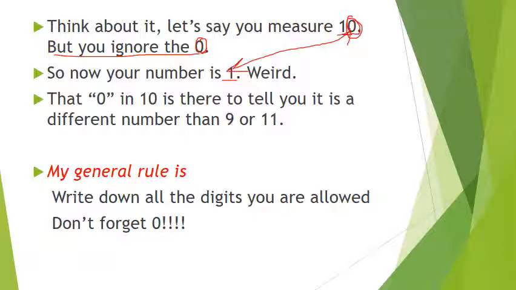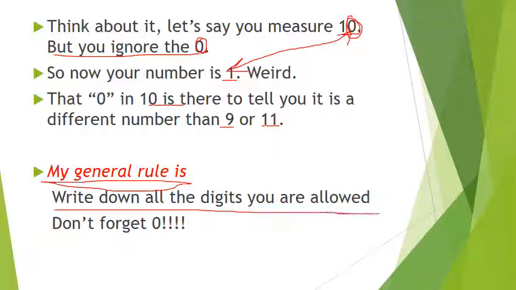It tells you that your number is not 9 or 11. So my general rule for you right now is: write down all the digits that you are allowed to write down, even if they're zeros. There'll be times when you won't, but for us, we're going to write down zeros. Please don't forget that.